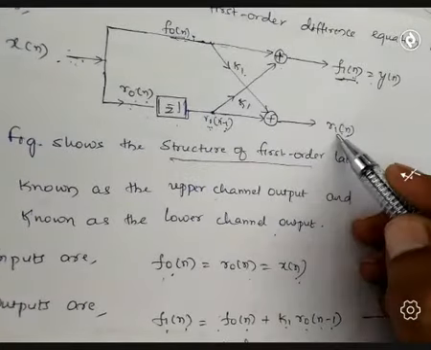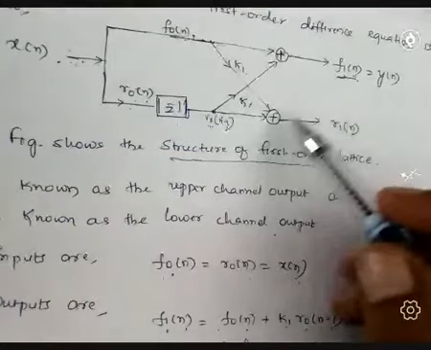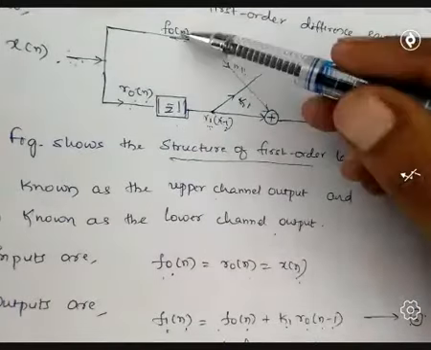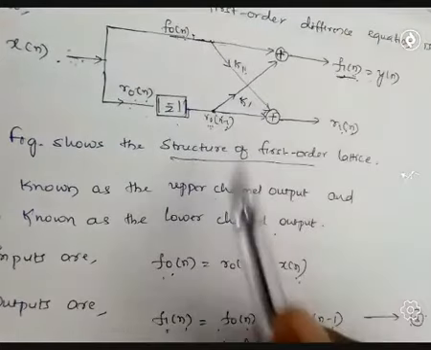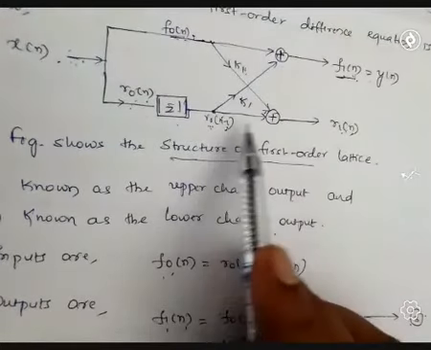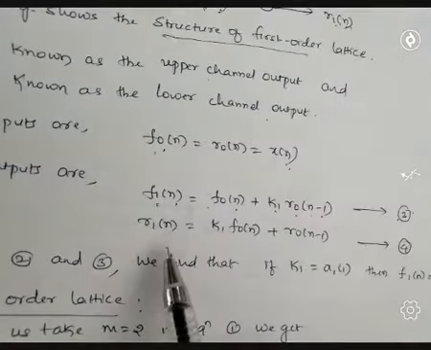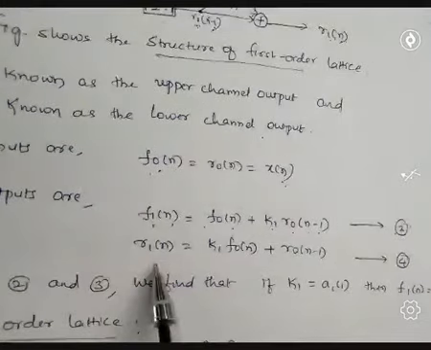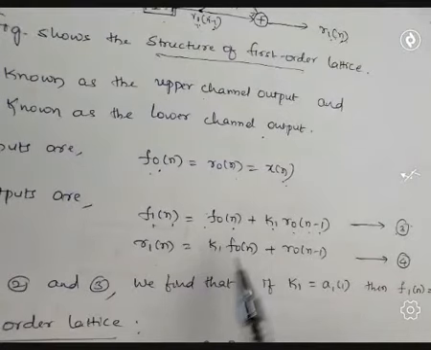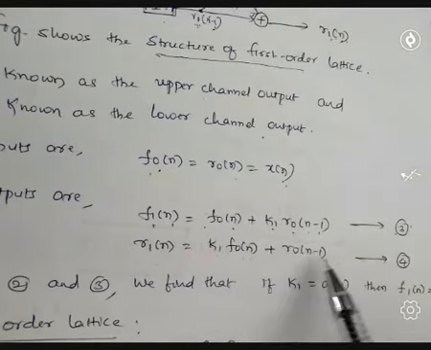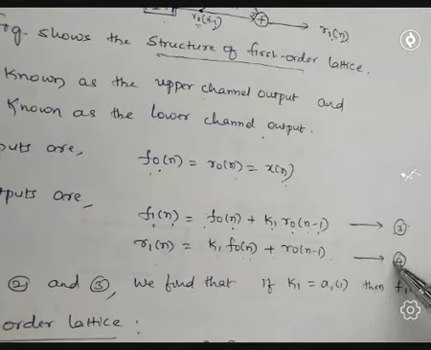R1 of n is the addition of K1 multiplied by F0 of n added with R0 of n minus 1. So I'm going to write the equation for the lower channel output as R1 of n equal to K1 multiplied by F0 of n plus R0 of n minus 1. Let us represent it as equation number 4.